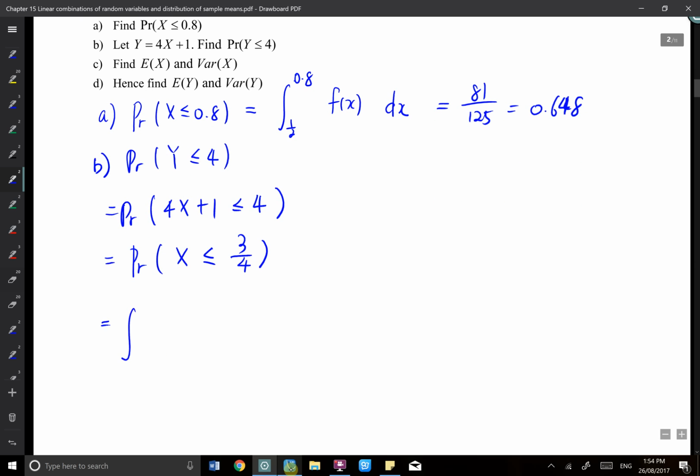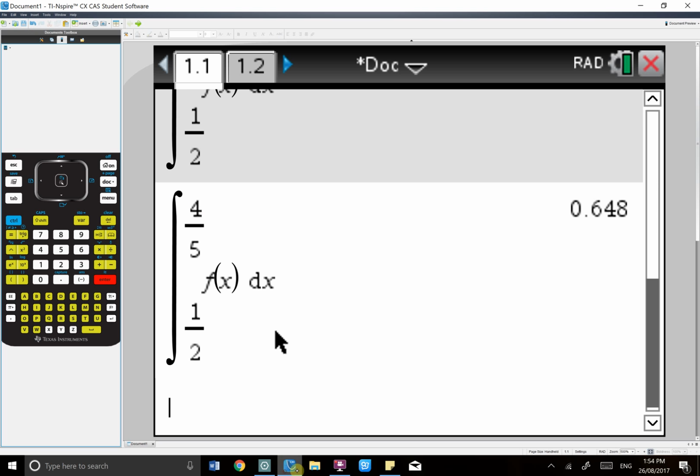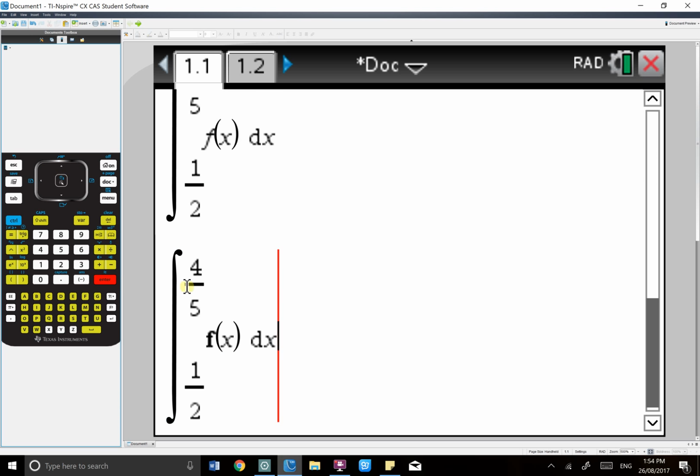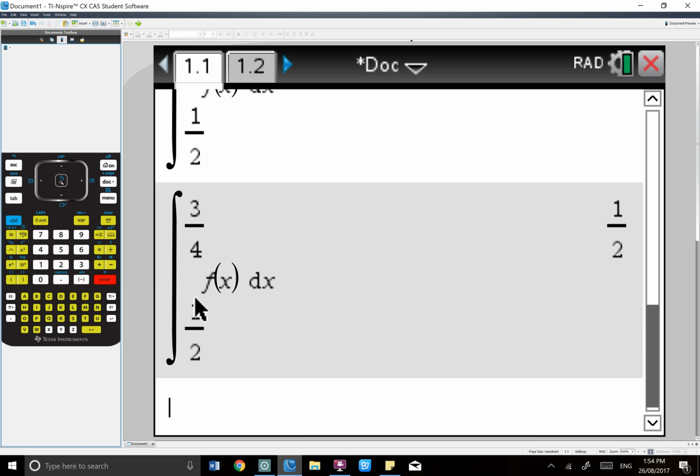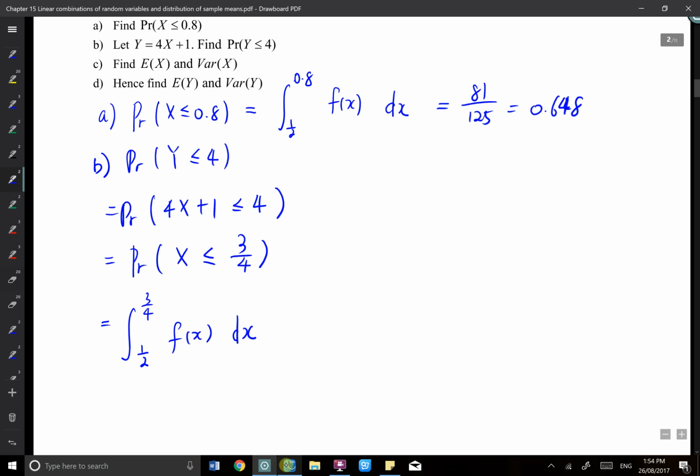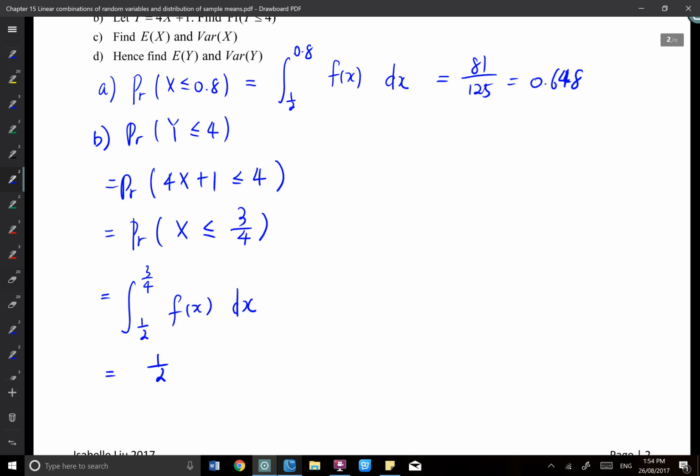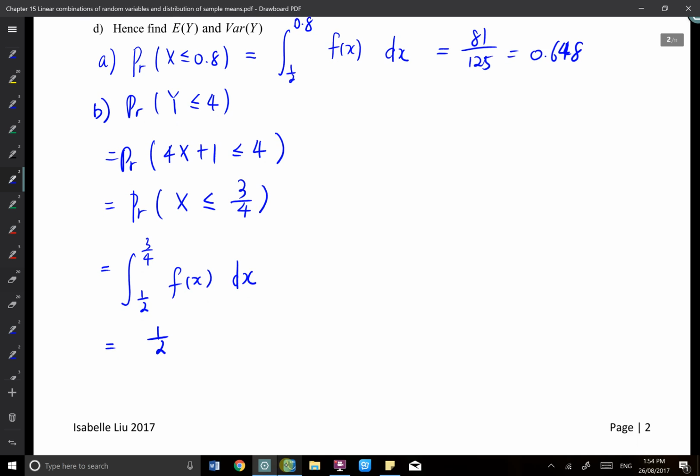So that is the integral where 3 on 4 is the highest point and half is the lowest point of f(x). What do you have? Half. You need to know how to use your calculator. That's quite important.